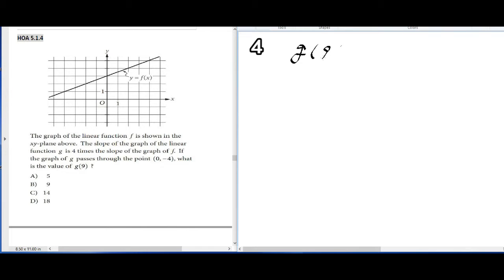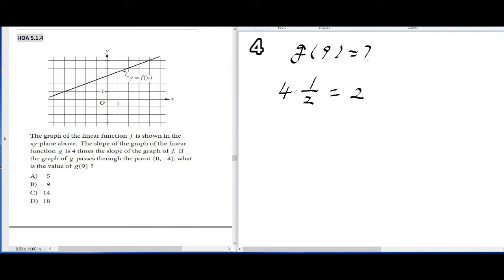What is the function g? The slope of the graph of the linear function g is 4 times the slope of f of x. You said the slope of f is half, so the slope of g is 2.